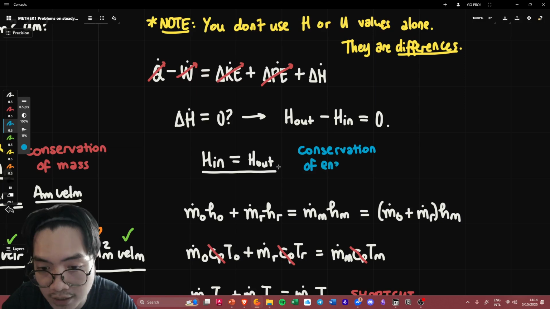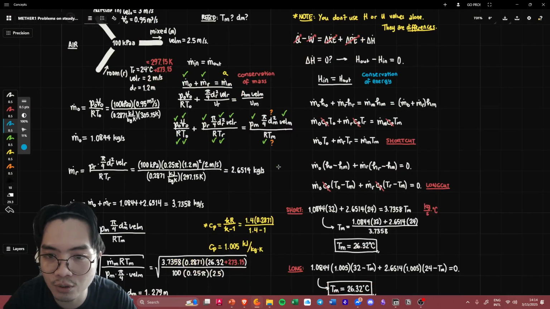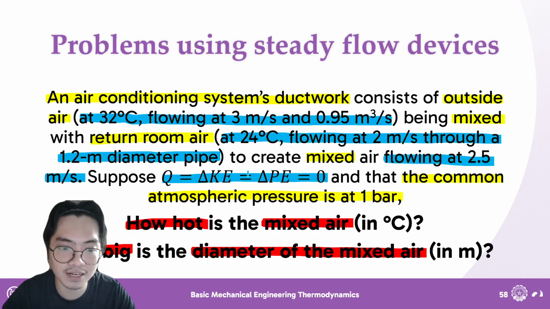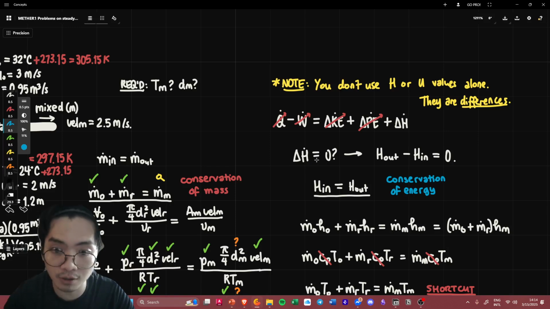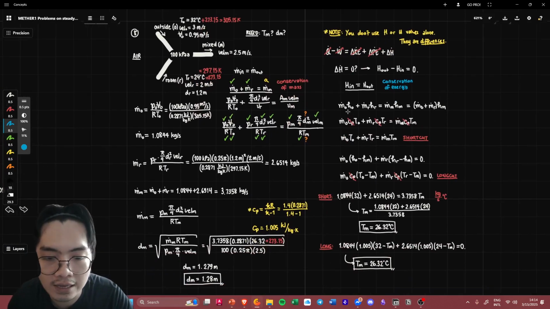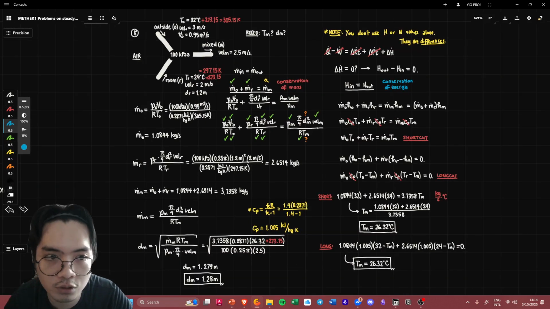So it's up to you guys if you want to include your kinetic energies in here, but they have specifically said that your change in kinetic energy is negligible. So this is your full solution for number 8.